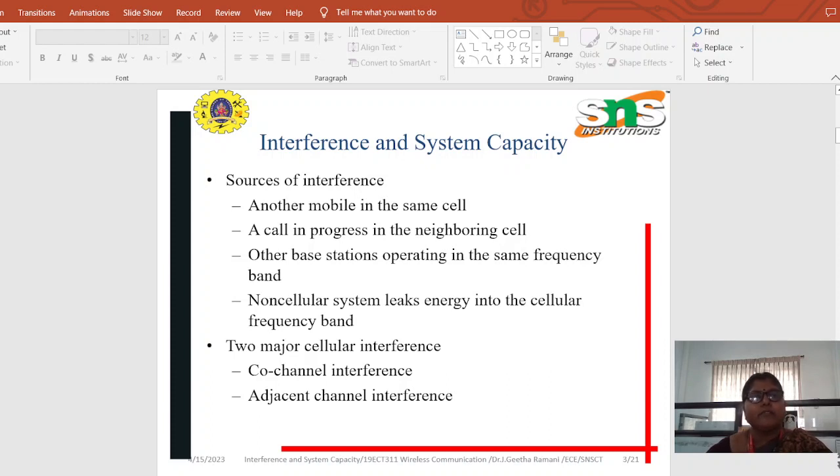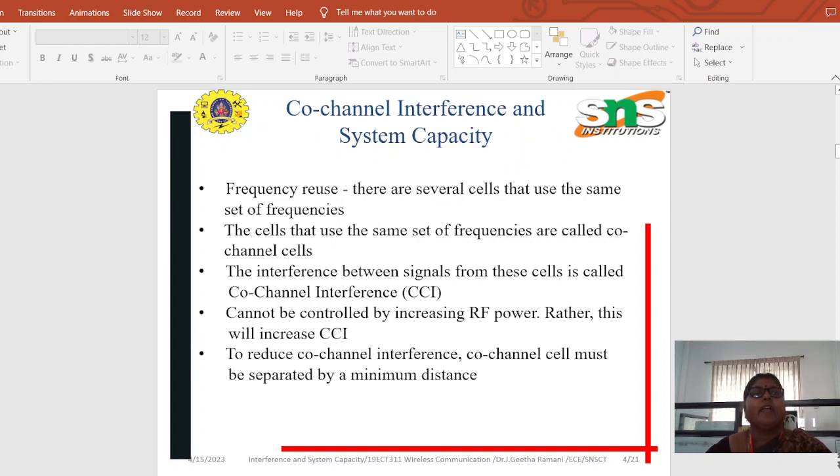So these are the main sources of interference. And there are two types of cellular interference. One is called co-channel interference and the other is called adjacent channel interference. First we discuss what co-channel interference is and how to calculate the system capacity.